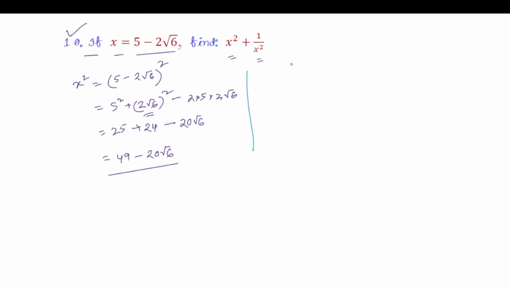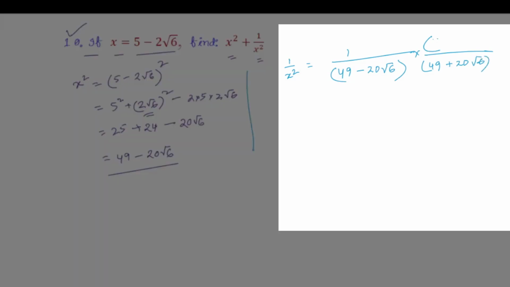1 upon x square. 1 upon x square is equal to 1 upon 49 minus 20 root 6. So we can do the rationalization. So multiply by 49 plus 20 root 6 in numerator and denominator.